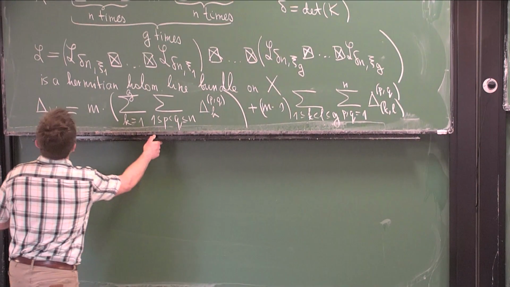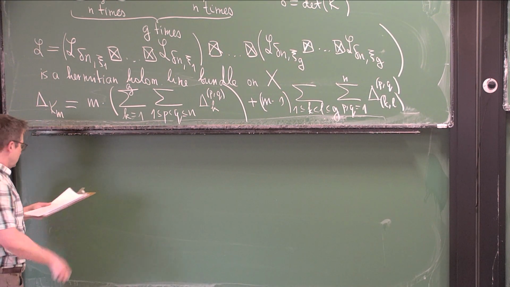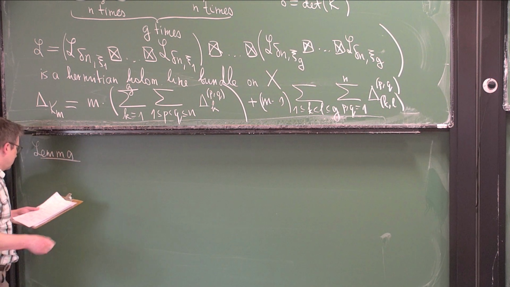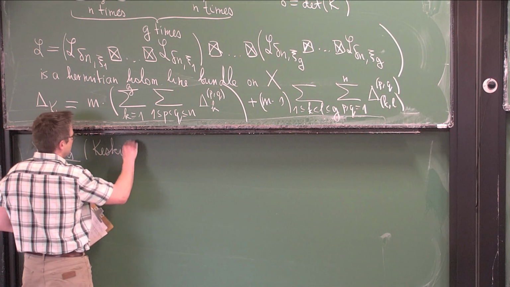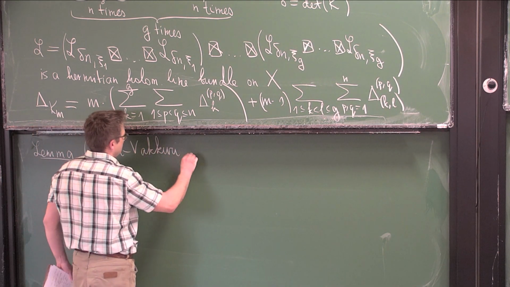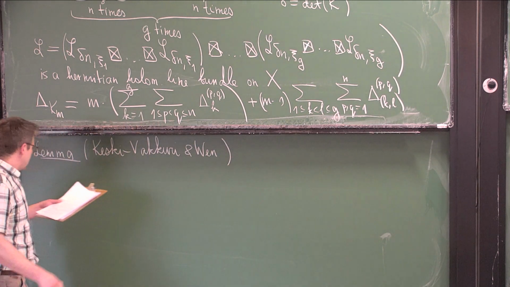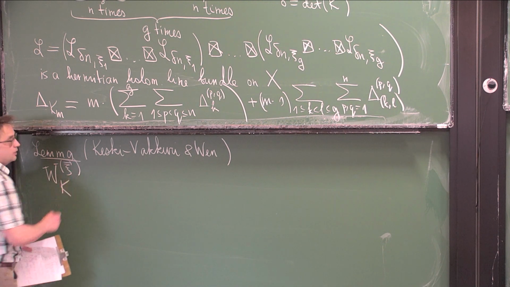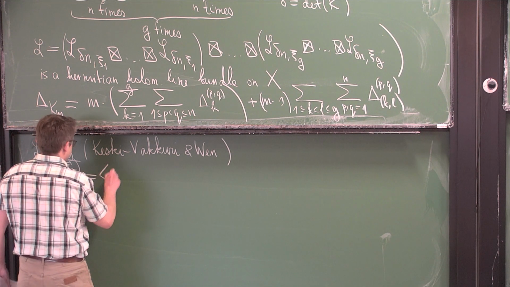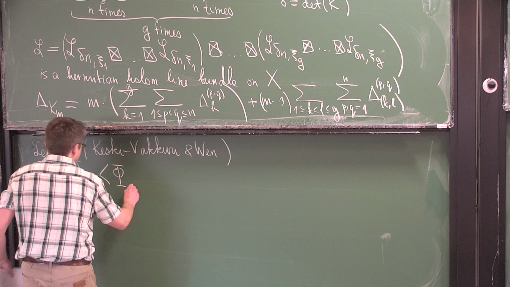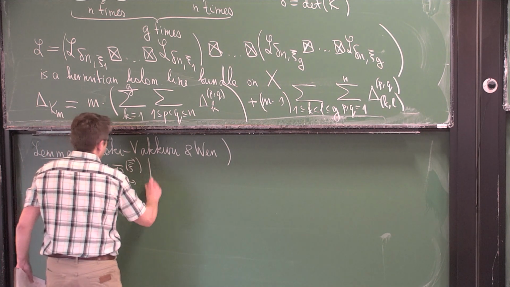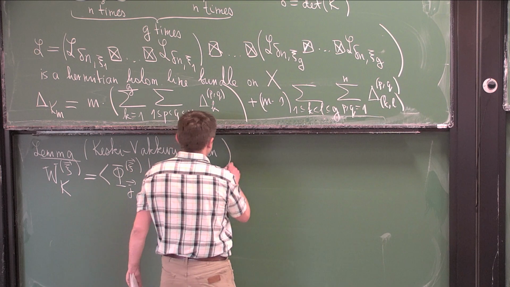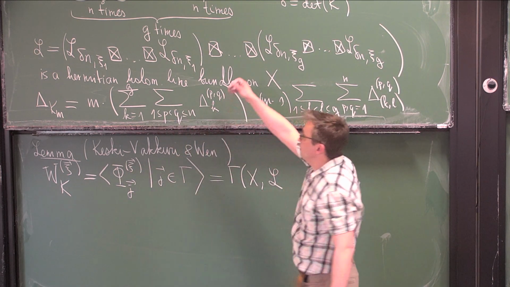So I have a line bundle, I have a space, I have a divisor, and the following lemma, which essentially goes back to Keski-Vakkuri, says that the space of the wave functions is nothing but the space of the sections of the line bundle I defined here.